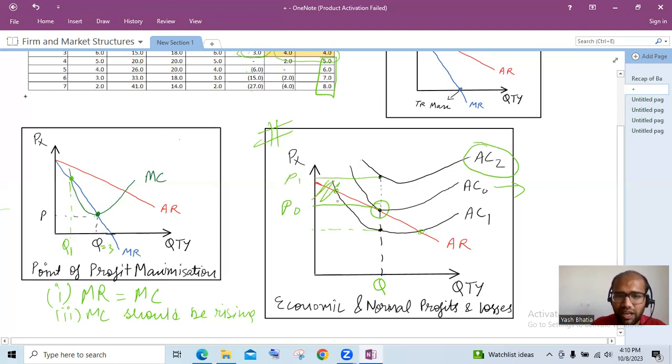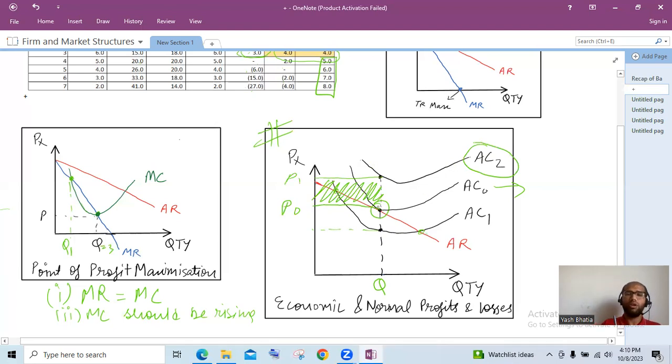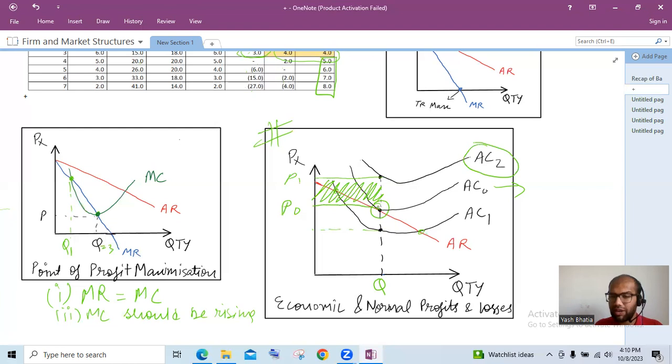So this highlighted green area is the economic loss at which the producer is operating, because your cost curve is way above your revenue curve. That means you are incurring more and selling at less. You are getting economic losses in this case. So whenever there is a condition of economic losses, it is always advised that you should leave the business and start something else.